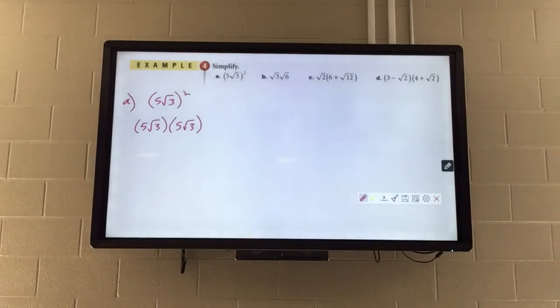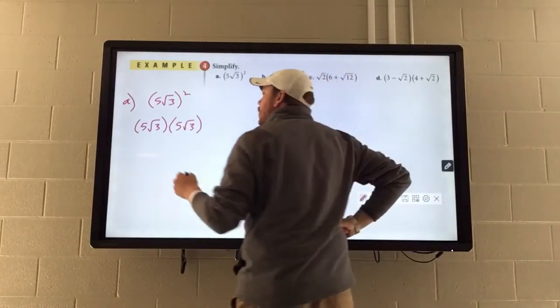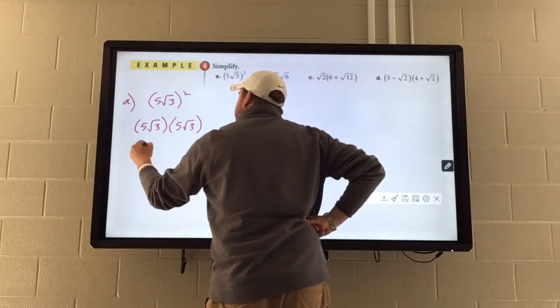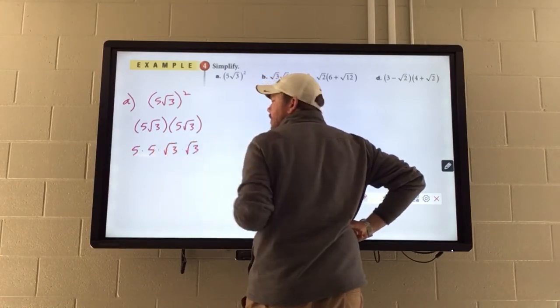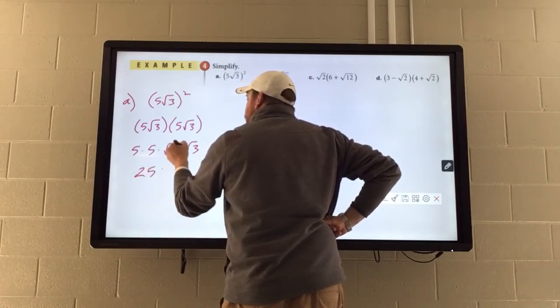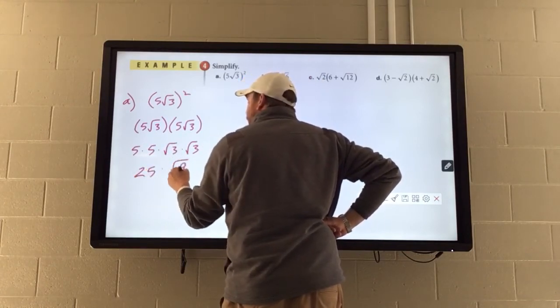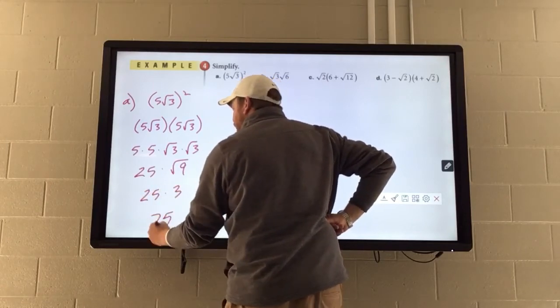And since everything is multiplication there, we have 5 times root 3 times 5 times root 3, I can just rewrite my order a little bit. So I'm going to do 5 times 5 times root 3 times root 3. 5 times 5 is 25. Square root of 3 times square root of 3 is square root of 9. Well, we know the square root of 9 is 3, giving us a final answer of 75.